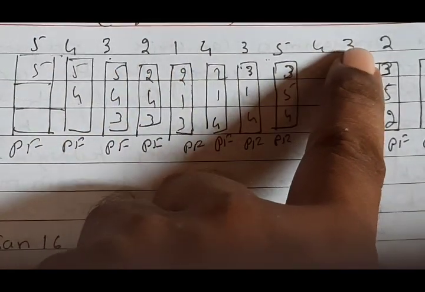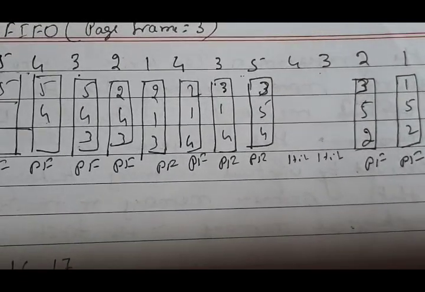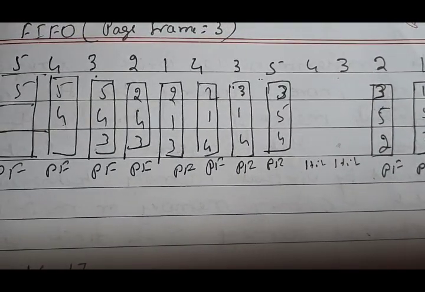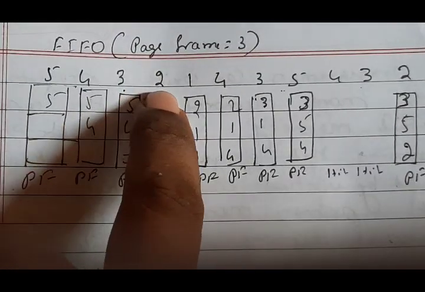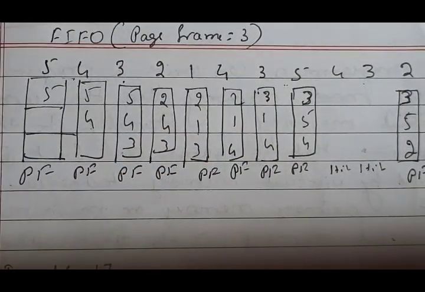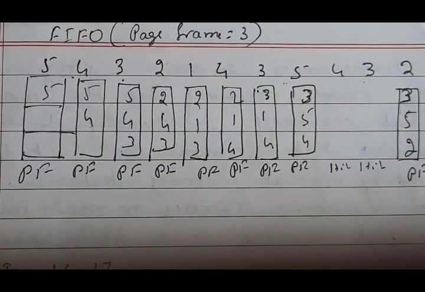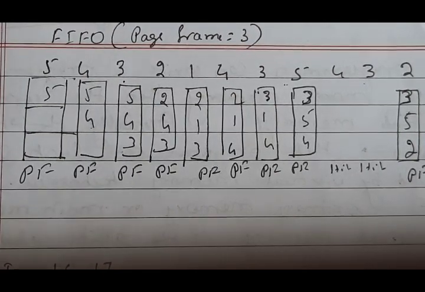Is 7 present here? No, so 7 is an invalid reference. Is 8 present here? No, 8 is an invalid reference. But 5, 4, 3, 2, 1, 4 are all valid references. Pages that are not here, like 7, 9, 10, 6, are called invalid references.